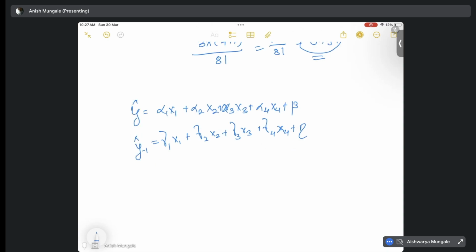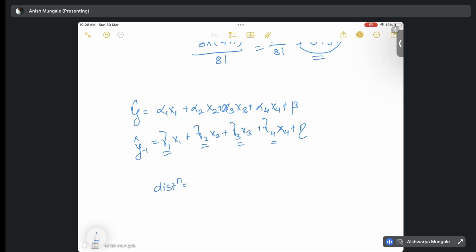I'm just taking random values for the parameters. What I just want to imply is that after deleting one row, there will be some change in the parameters. Now calculate the distance.